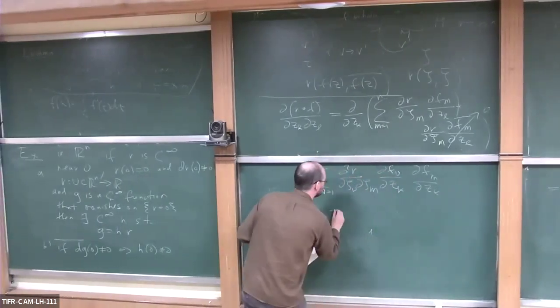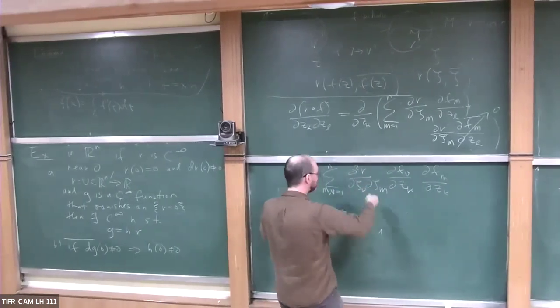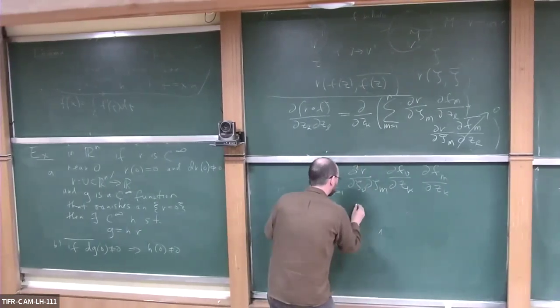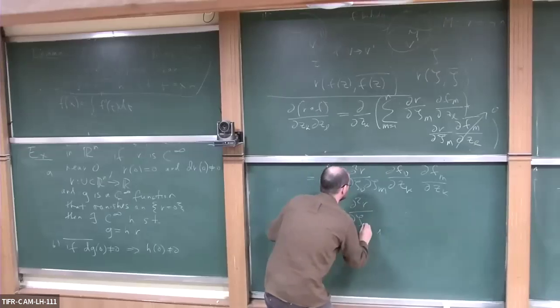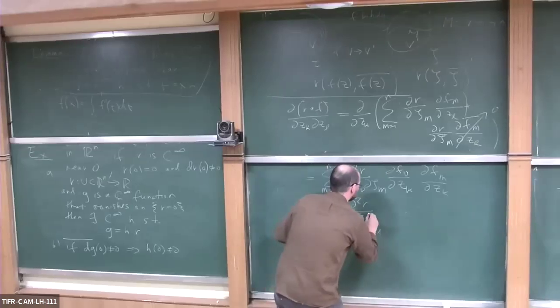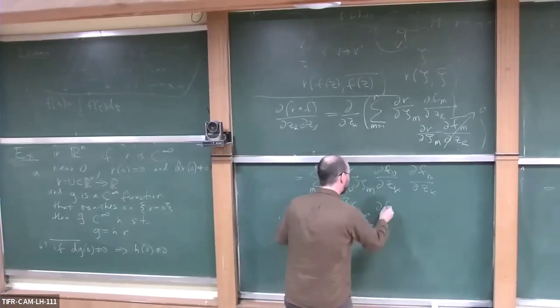And now I have those are the zeta, zeta nu, so I have the bars. Zeta mu bar, zeta n. So now I have the bar.